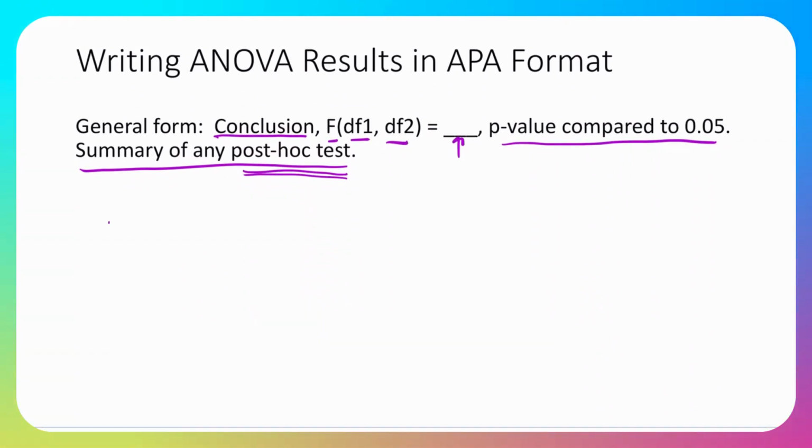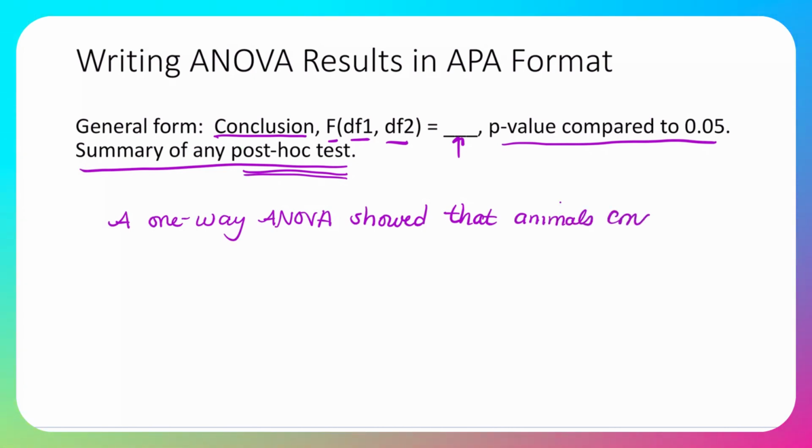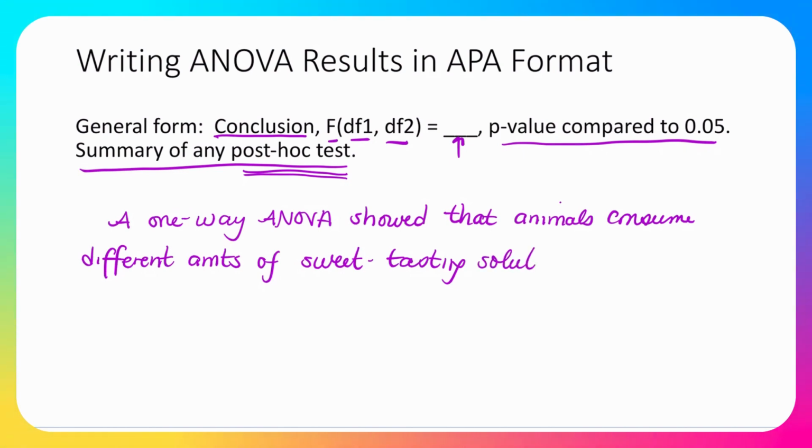Our conclusion was a one-way ANOVA showed that animals consume different amounts of sweet tasting solutions. That might be one way of writing our conclusion.